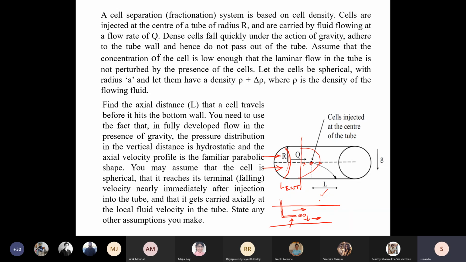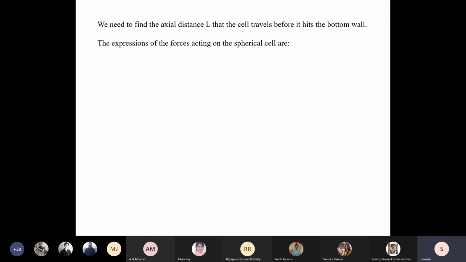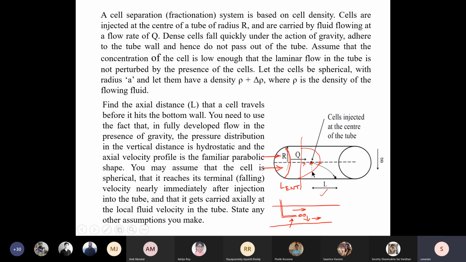So my aim here is to find out this L in terms of the system parameters. So we have to find the distance L, and of course, once the cell is falling, can you tell me what are the forces which are acting on it?